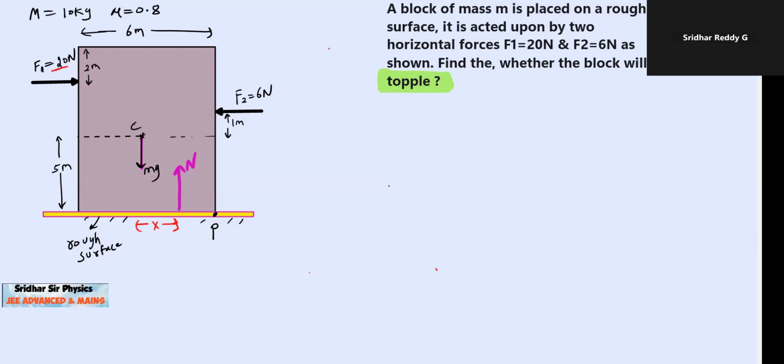Then you check the 20 Newton force, the 6 Newton force, and this surface. What action will the friction take? We'll calculate the limiting friction, mu mg. Mu is 0.8, 10 into 10, 80 Newton. The frictional force will act towards left.